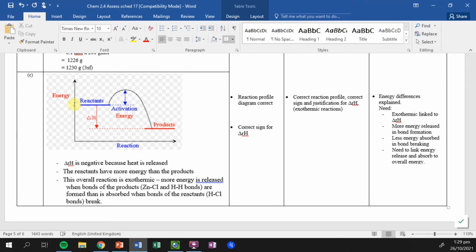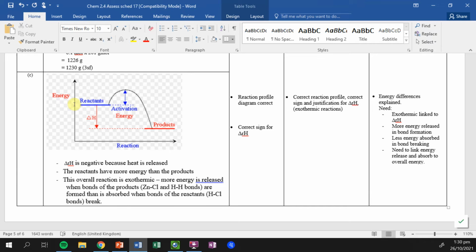But in this case, you need to explain. So you had to link it. Exothermic because of that negative enthalpy value, energy is being released. The overall system's releasing the energy. The thing that is going to be important, though, to get that excellence point is understanding the bonds. So there's more energy being released from the bond formation than what was absorbed to break the bonds.